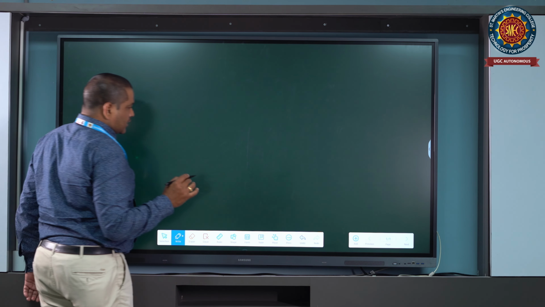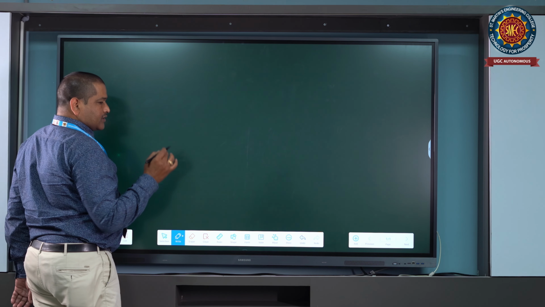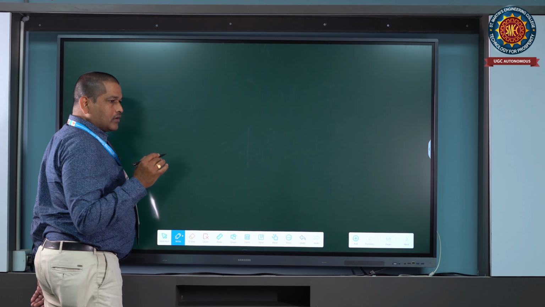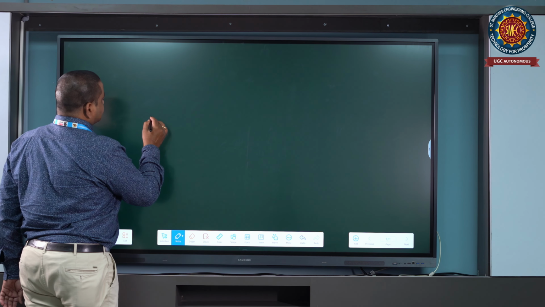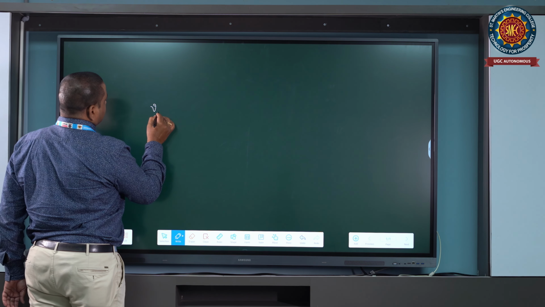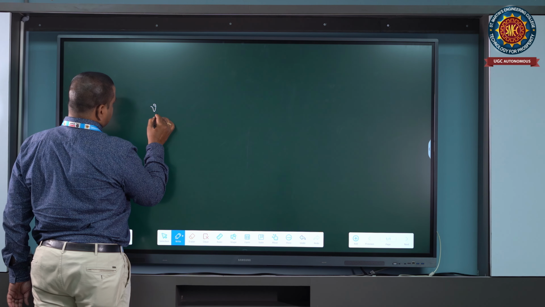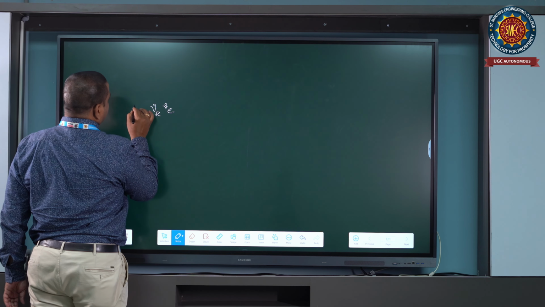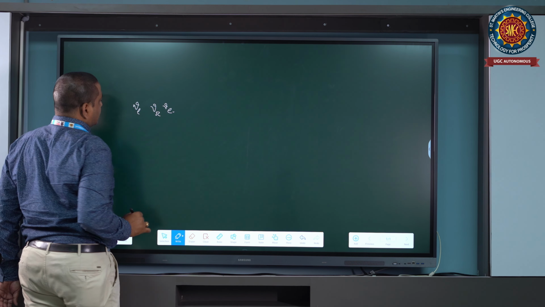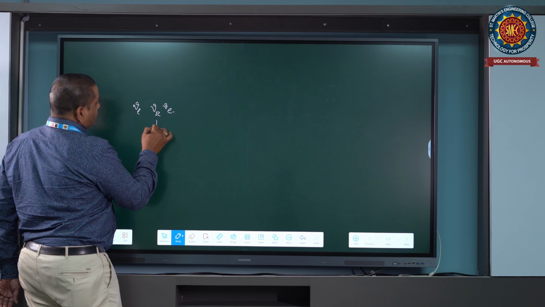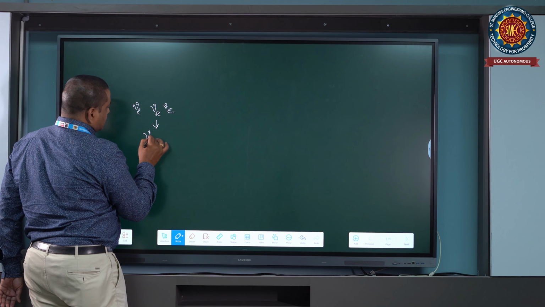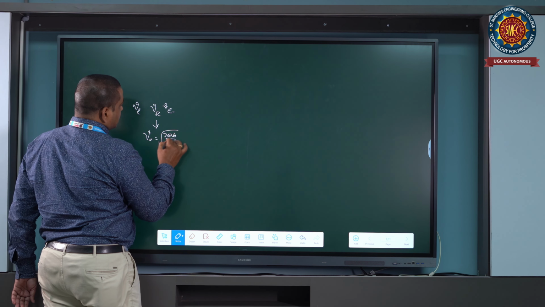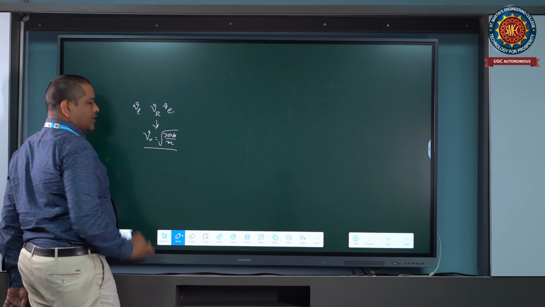As we see, there are three electrons: the reference electron, the late electron and the early electron, with velocities VR, VE and VL. The reference electron will travel with a velocity V0 equal to root over 2eV0 by m. This is called the initial velocity of the electron.